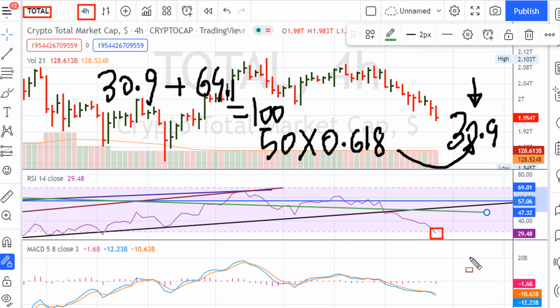And as you drop below this number, you tend to have a bearish push down. And the instrument can stay bearish as long as the RSI stays below 30.9. And recovery in price only comes after you've recovered back above RSI 30.9.